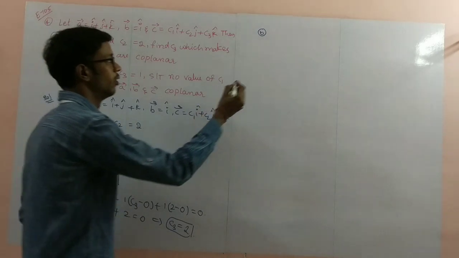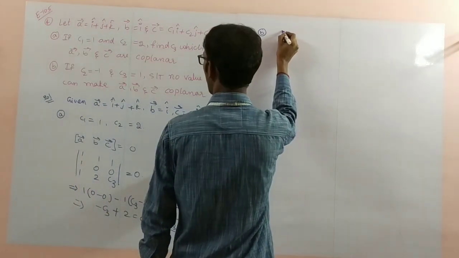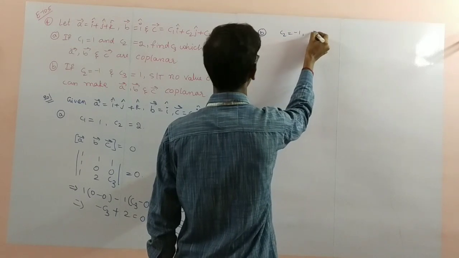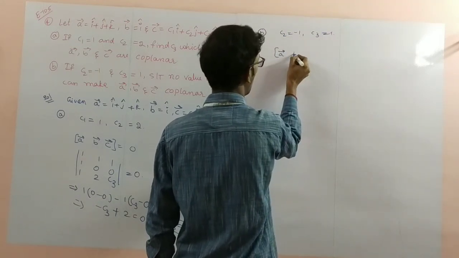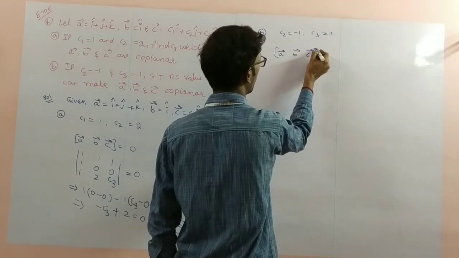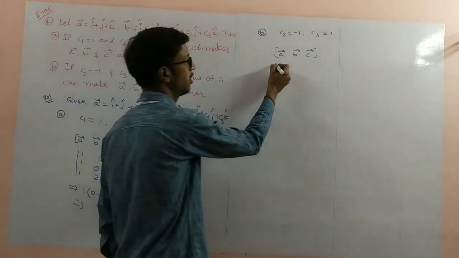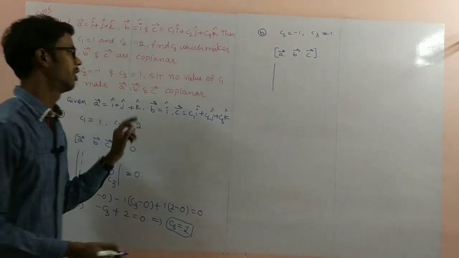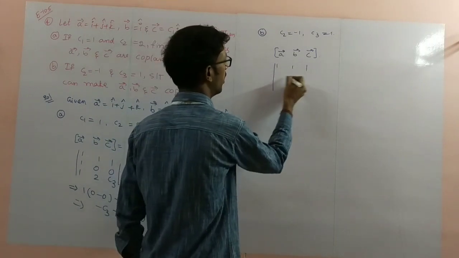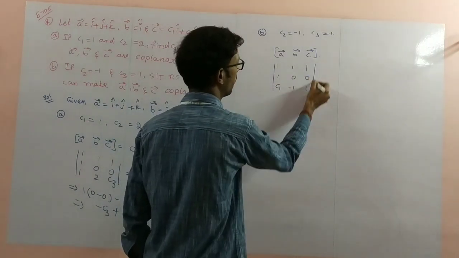So now you have to take C1, C2 equal to minus 1, C3 equal to 1. The box of A bar, B bar, C bar is the magnitude of the determinant: 1, 1, 1; 1, 0, 0; C1, minus 1, 1.